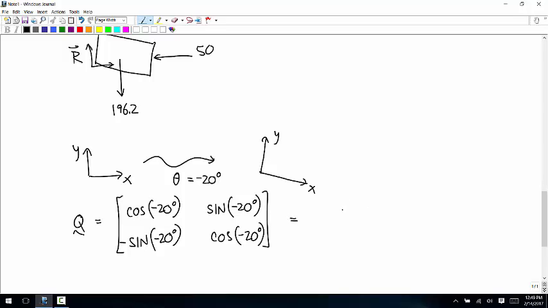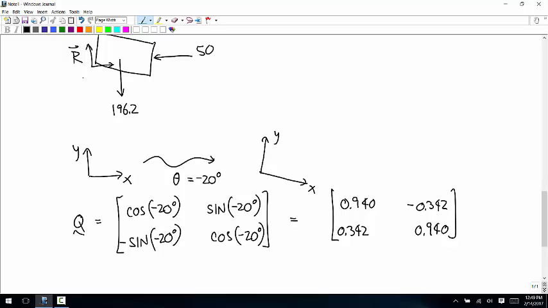And that is 0.940, negative 0.342, 0.342, 0.940. And then you just multiply that matrix by the vector that you solved for R, and it'll break it up into an X component that gives you the friction and a Y component that gives you the normal force.